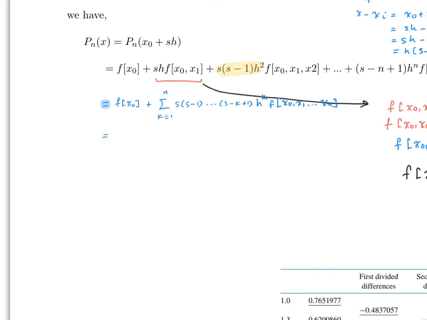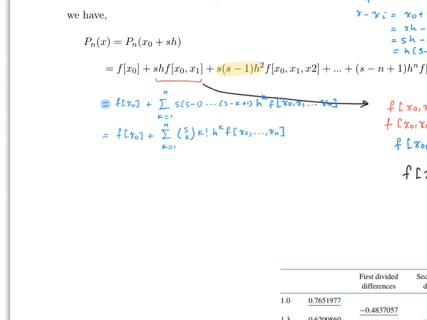If you remember the combination formula, this is the same thing as f of x0 plus the sum from k equals 1 to n of s choose k times k factorial h to the k f of x0 through xn. Like I say, this is a little more compact. It doesn't necessarily mean that it's friendlier, though for computational purposes, this formula is actually easier than this one.